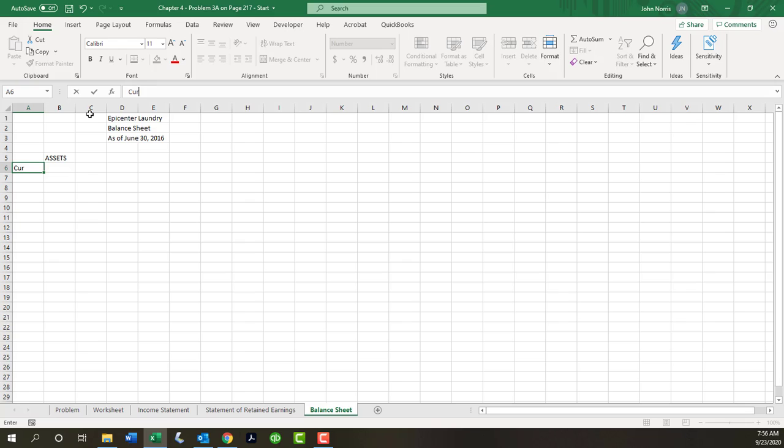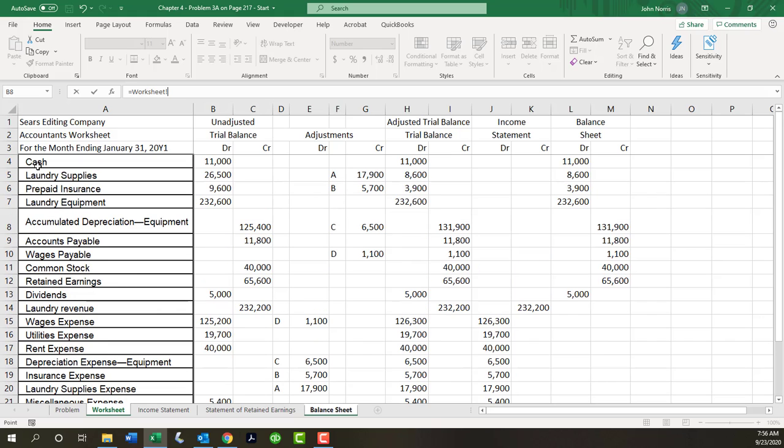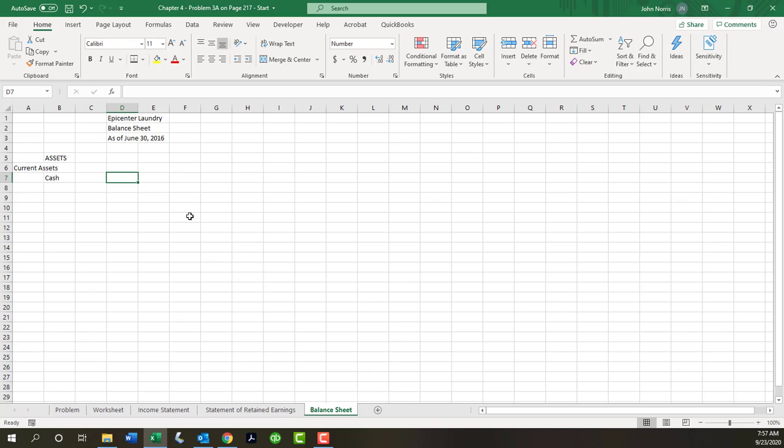Current assets in a classified balance sheet. That consists of cash, let's put it over one more.